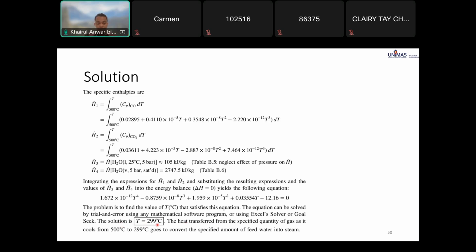So T here is 299 degrees C. So meaning the temperature goes from 500 to 299.